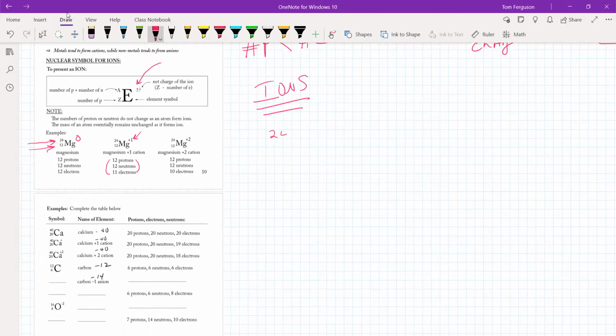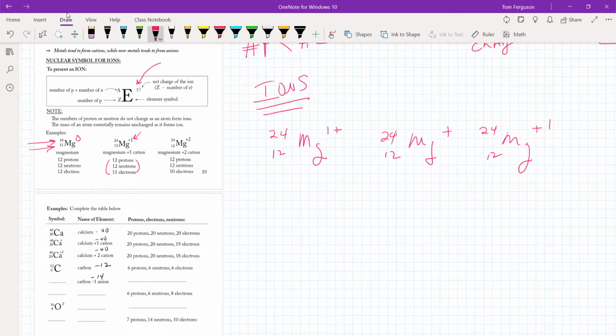Now, you will see, depending on what you're reading, it could be like this, like that, or like that. Those are all equivalent.